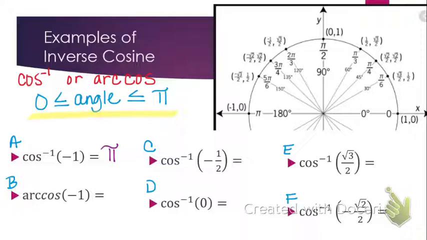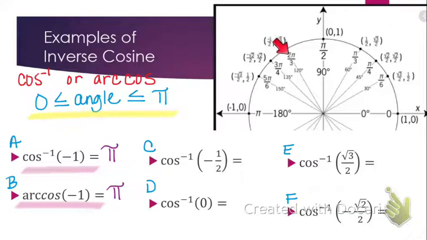And again, these two are asking you the same question. Answer is pi. So what angle between 0 and pi has a cosine of -1/2? So what would be my angle that has a cosine of -1/2? So that would be right here on my unit circle.